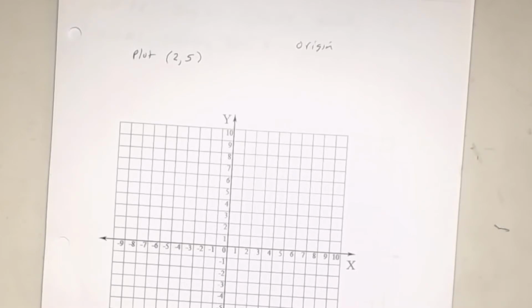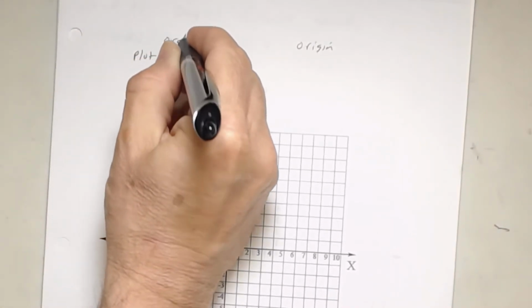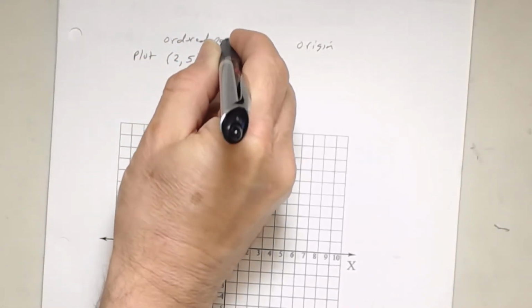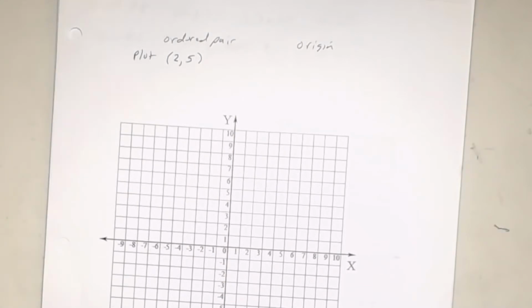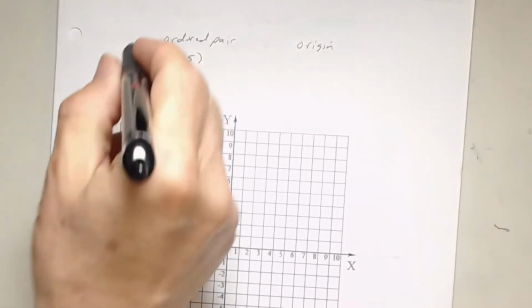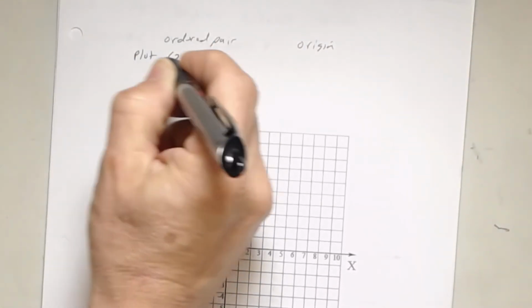And remember, we call this an ordered pair. So when you do MyMathLab, those terms will be in there. All those terms, origin, ordered pair, point, x-axis, y-axis, and so on. In this ordered pair, the first number listed is called the x-coordinate.